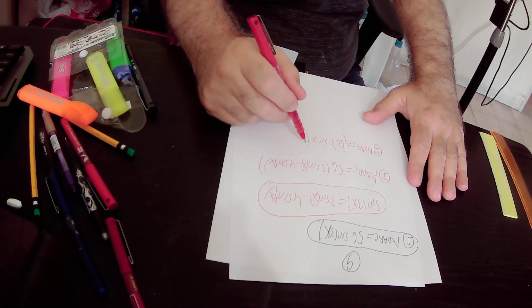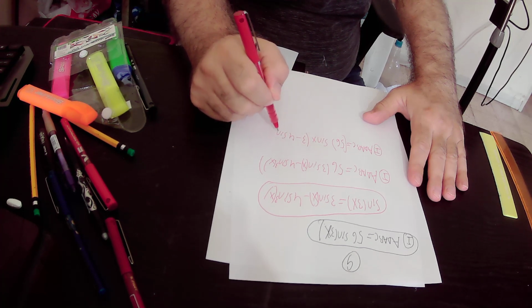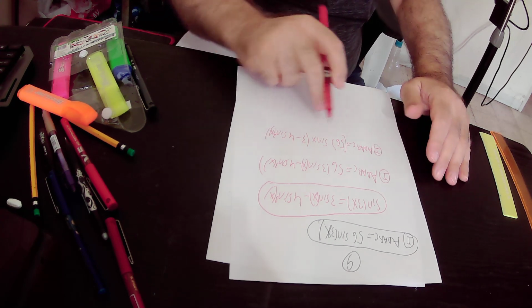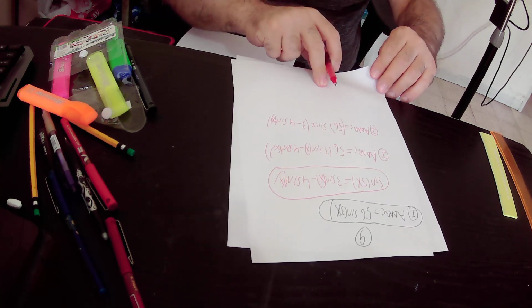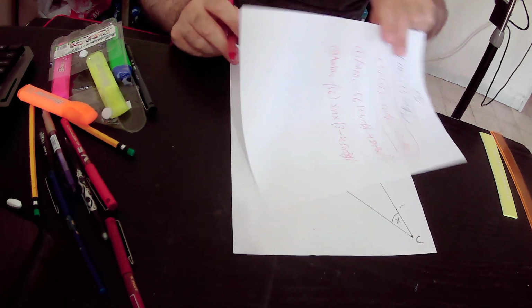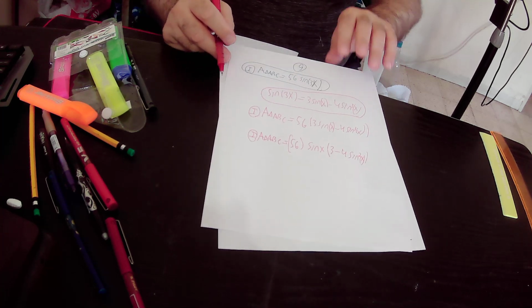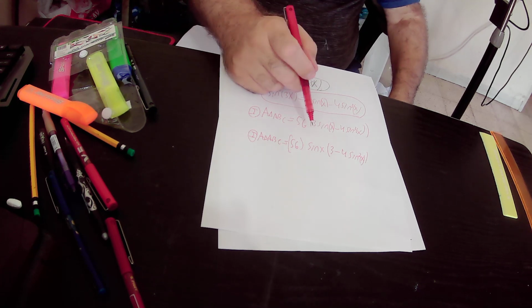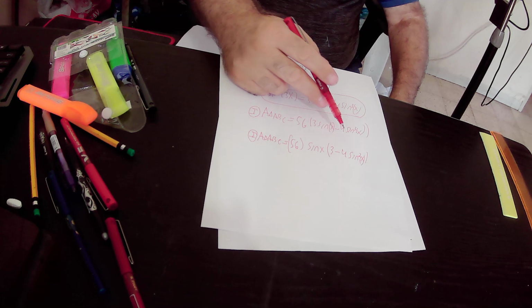In the brackets we will have 3 minus 4 sine square x. Okay, so the area of triangle ABC equals to 56 times sine x times 3 minus 4 sine square x.